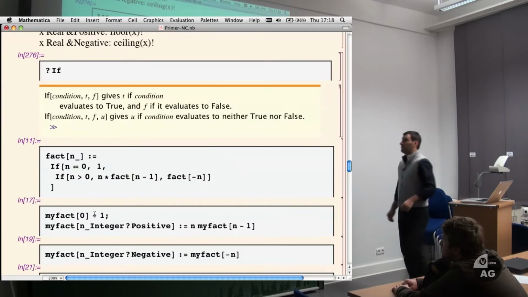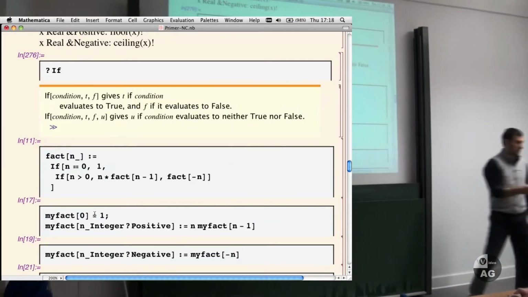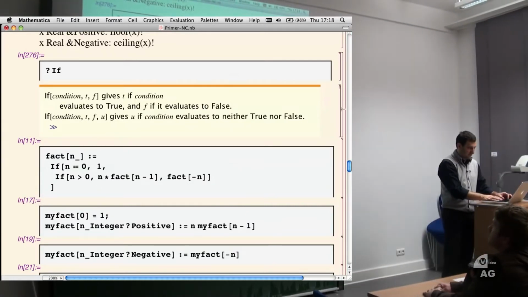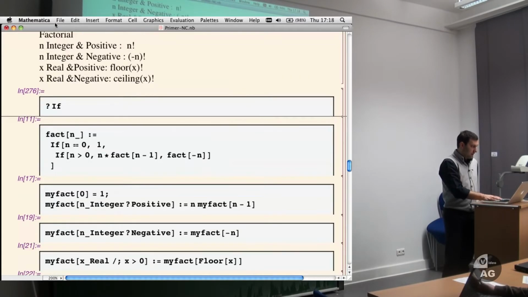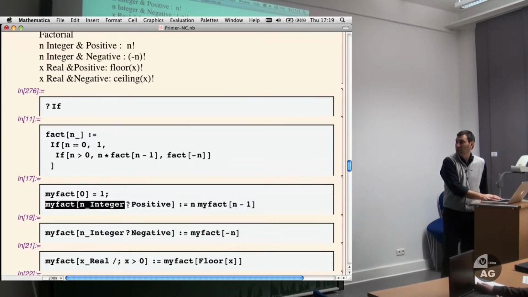Let's give the definitions the same way as the problem is defined. So the problem says integer and positive, we want factorial. Okay, so we say if it's integer and positive, then return n times my factorial. This is not an AND. This is an integer.